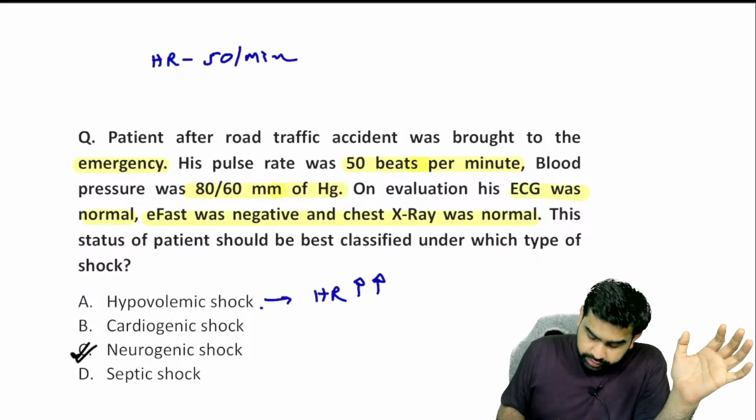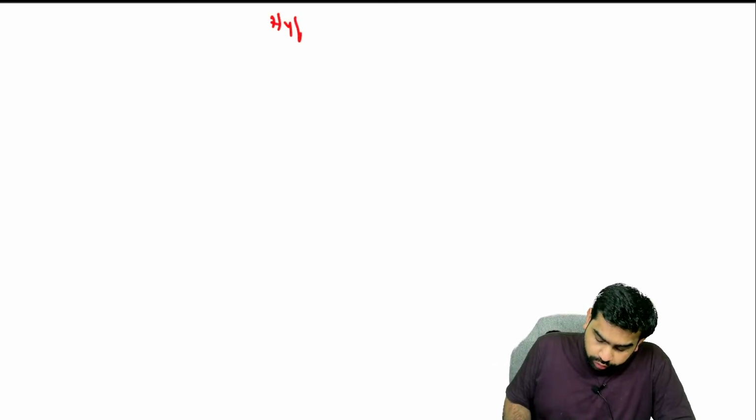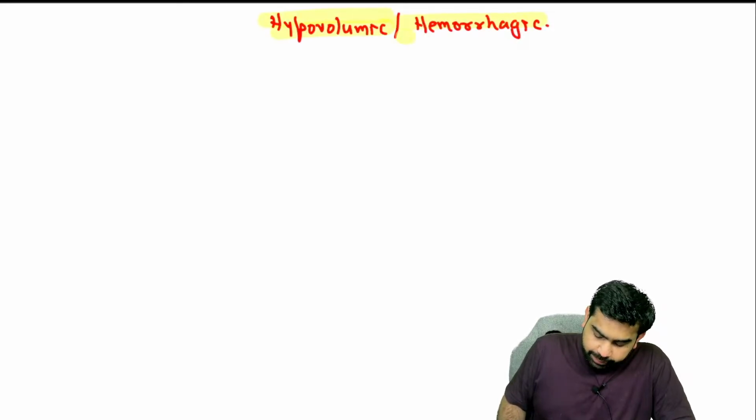Let's quickly revise a couple of shocks. The most important shock we need to understand is the hypovolemic or hemorrhagic shock, the most common type. Here blood is getting lost, and because of this, let's talk about the parameters.